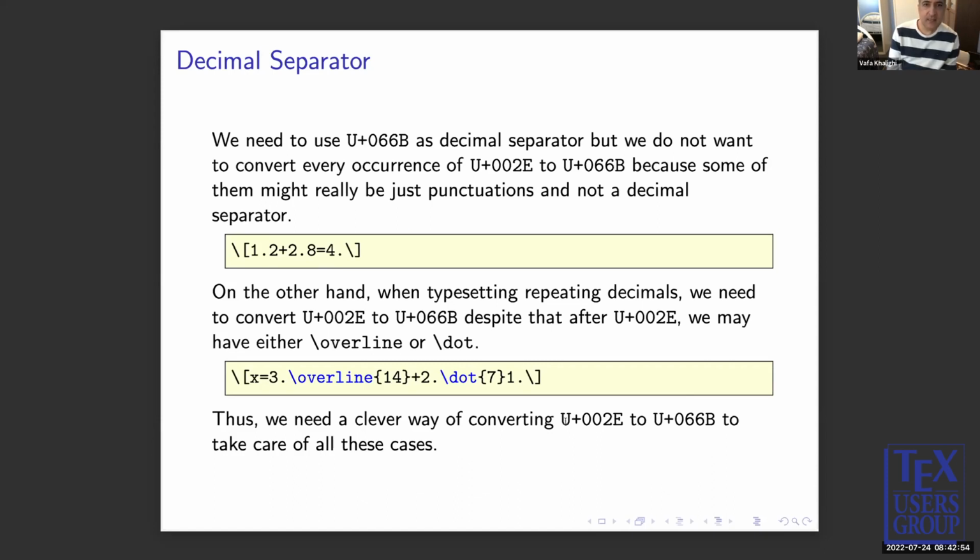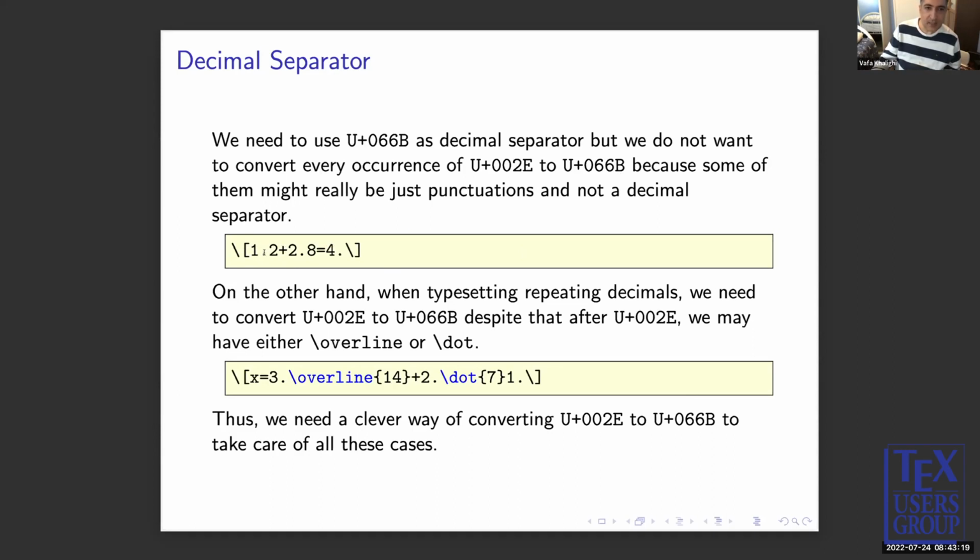But we certainly don't want to convert every time we see a period to the Persian decimal separator, because some of these periods might really be punctuation, not really a decimal separator. For example, consider this display math, where we are adding 1.2 plus 2.8 equal to 4.